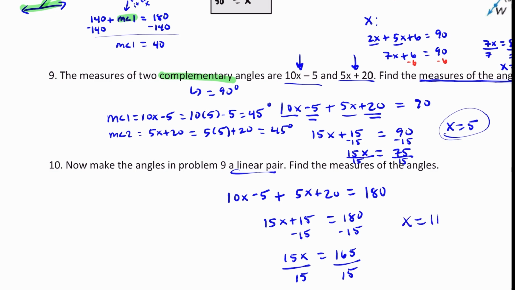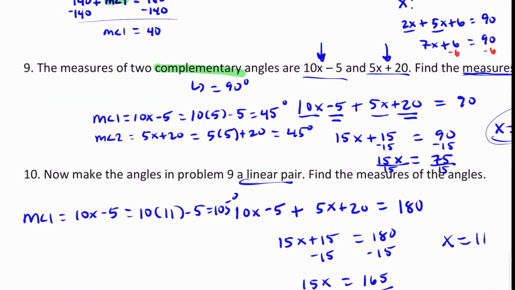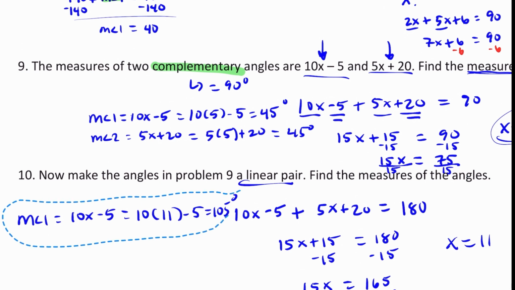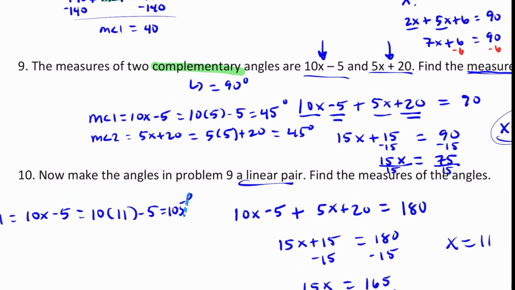And if x is equal to 11, I'm going to call this measure angle 1 and measure angle 2 again. So measure angle 1 is 10x minus 5. And I'm going to replace x with 11. So 10 times 11 minus 5, that is 105 degrees.